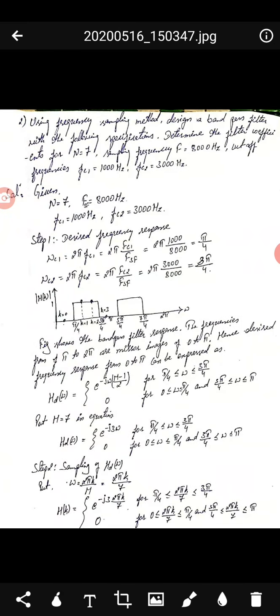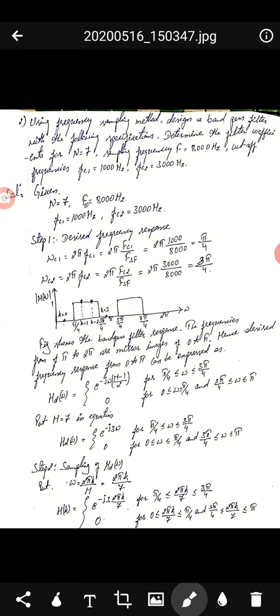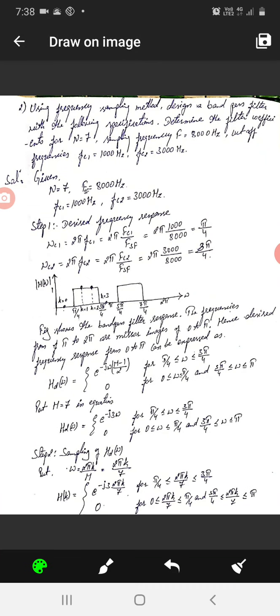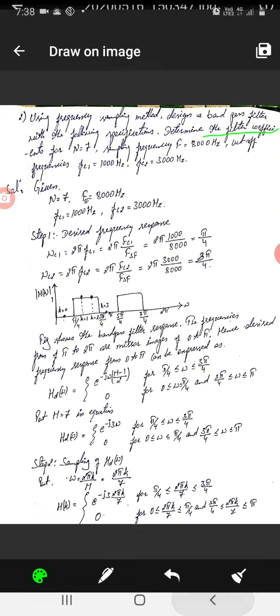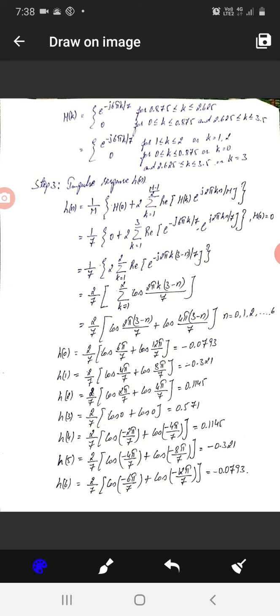In the problem, what they asked is to determine the filter coefficients. For that reason, we have to substitute n values from 0 to 6.